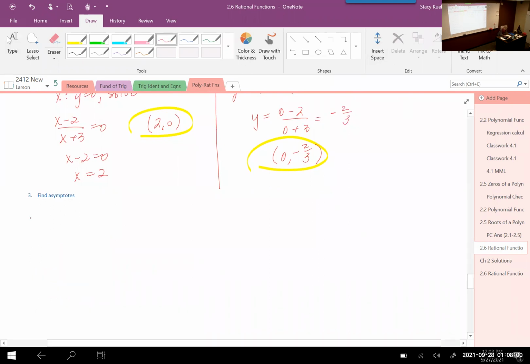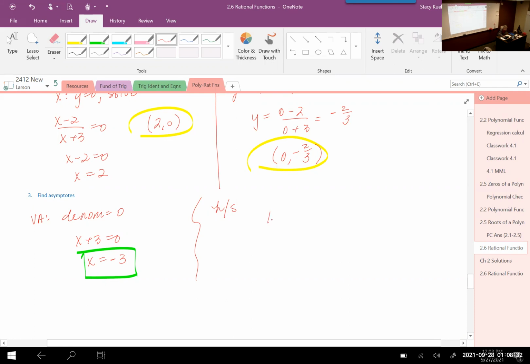So the vertical asymptote occurs where the denominator is equal to 0. The denominator of x plus 3 equals 0. So I have a vertical asymptote when x is equal to -3. Now, if I talk about the horizontal and oblique asymptotes, what's the degree of the numerator? 1.